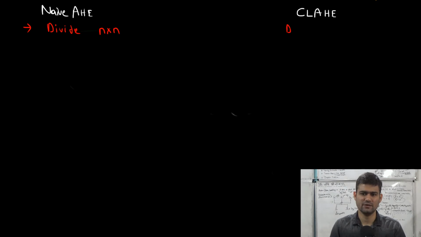So we can just write these two side by side. Naive and CLAHE. So in the naive method, we divide the image in bins. In CLAHE also we divide an image in n cross n bins.